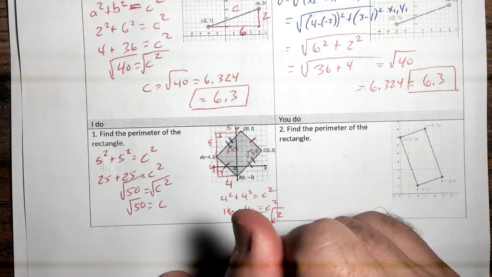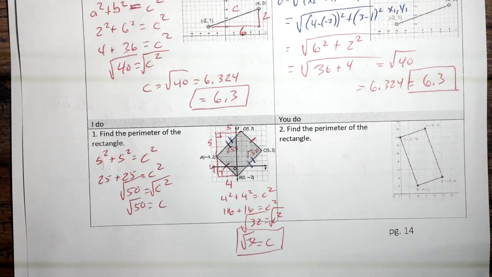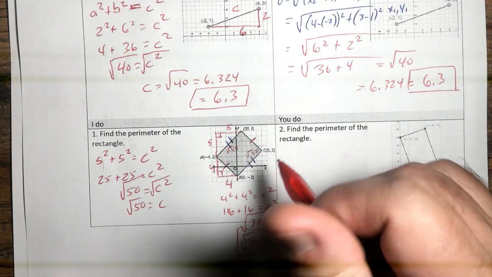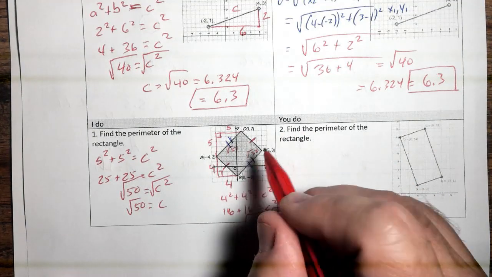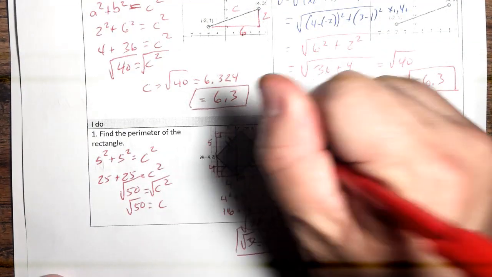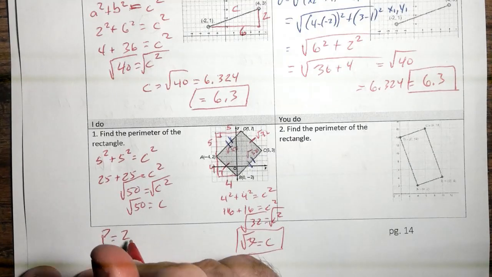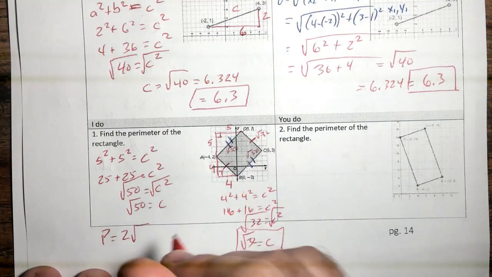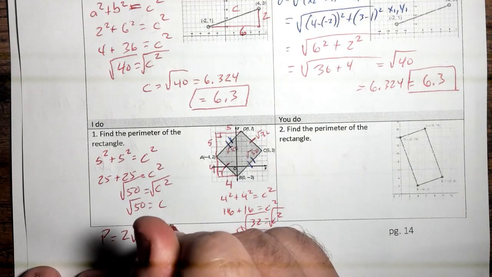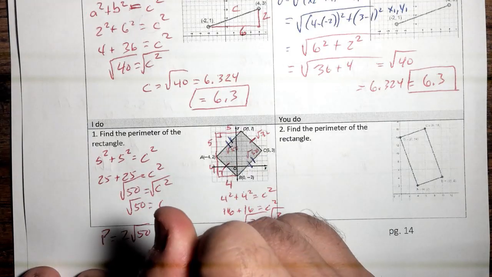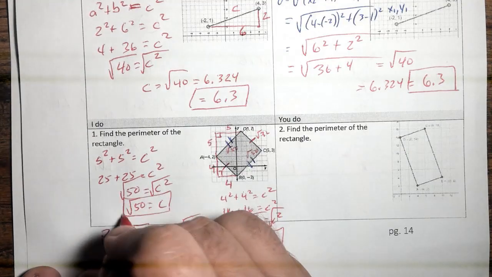And we're going to leave it like that again just a second. So now we know blue is the square root of 50, red is the square root of 32. So our perimeter is 2 times one side, which is the square root of 50, plus 2 times the other side, which is the square root of 32. Just box that.